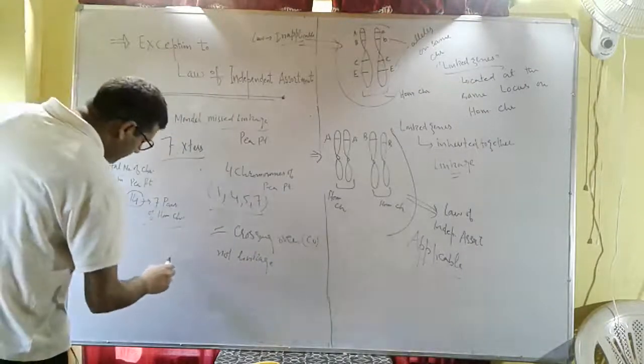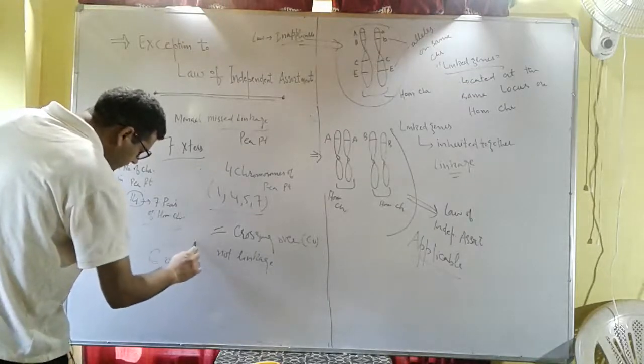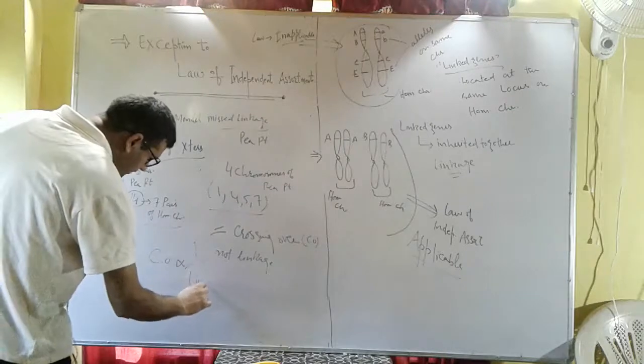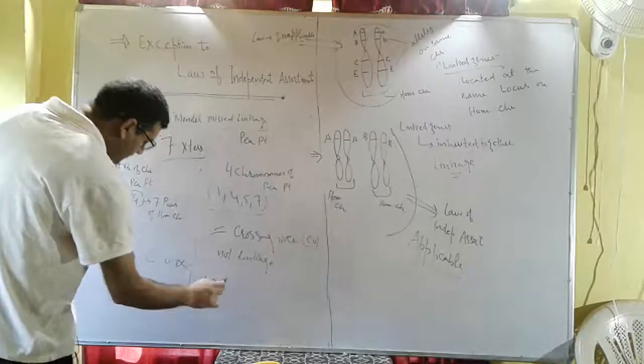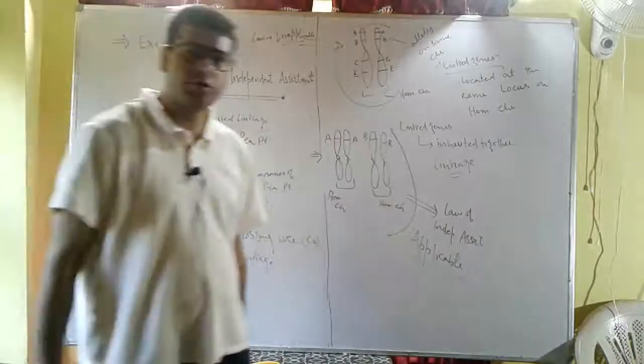We know that crossing over is inversely proportional to linkage. If there is crossing over, the chances for linkage get reduced.